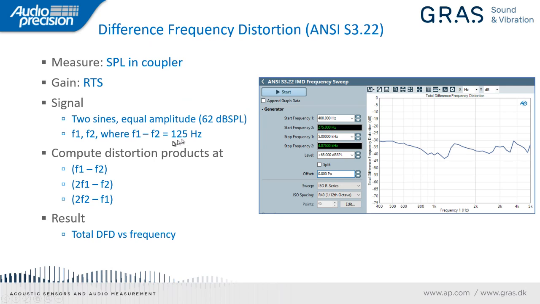For the ANSI version, F1 is higher than F2, but the difference is 125 hertz. We compute these distortion products at frequencies F1 minus F2, 2F1 minus F2, and 2F2 minus F1. And we record the difference frequency distortion versus frequency, as shown on the right here.